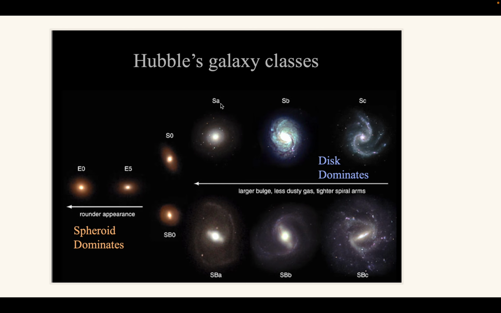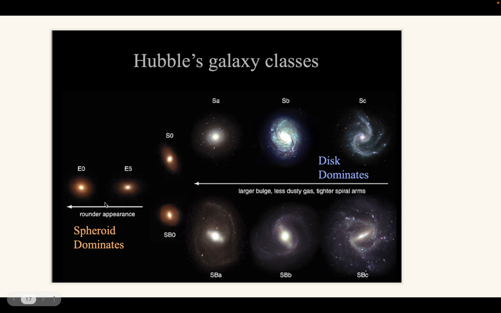One is the SA type, SB type, and SC type, and in the other branch there are galaxies known as SBA, SBB, and SBC. Spheroidal bulge A type, spheroidal bulge B type, spheroidal bulge C type. And another is spheroidal A type, spheroidal B type, and spheroid C type. And another is the ellipsoid E5 and ellipsoid E0.